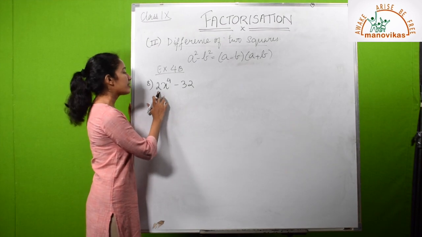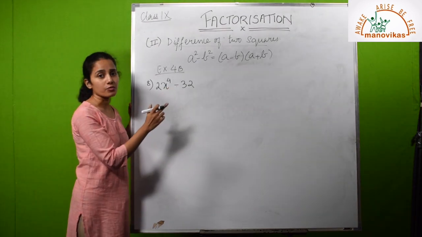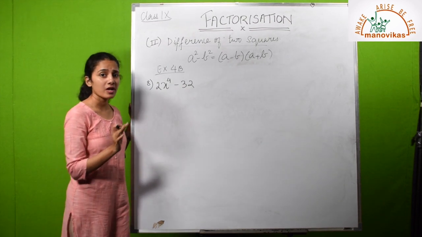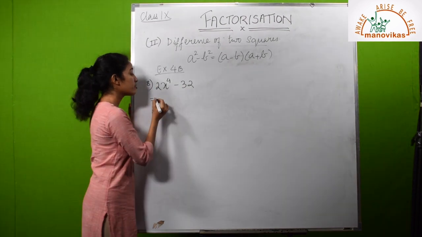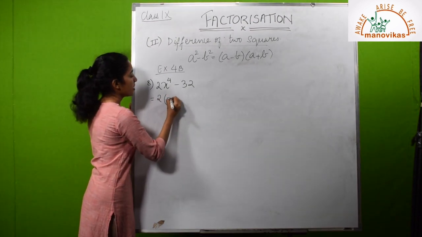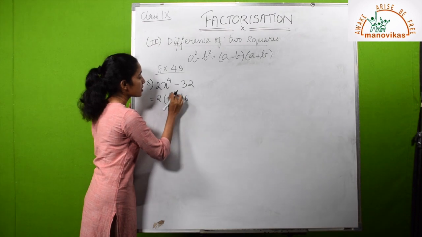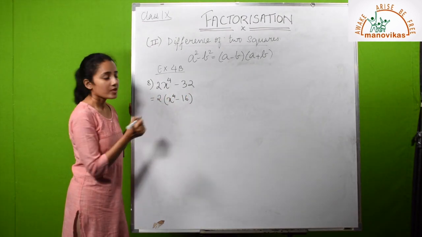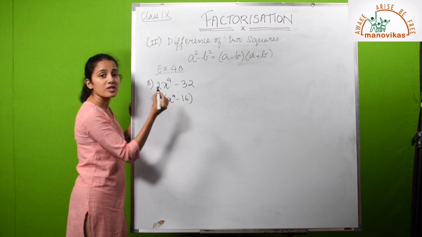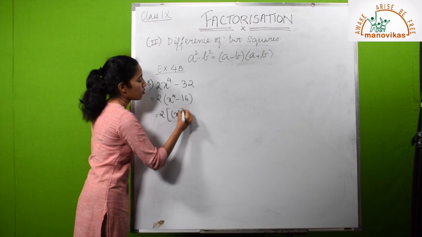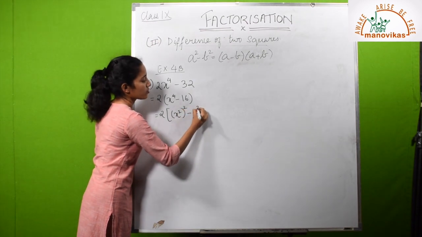Next example is 2x^4 minus 32. Note that 2 and 32 are not squares of any number, so the first thing you do is take out a common factor. So that will be 2 times x^4 minus 16. Now 4 is a multiple of 2, so you could write it as x squared the whole square minus 4 squared.